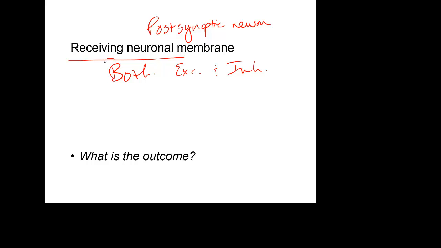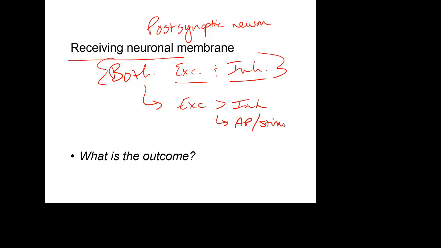So what it does is it takes this information and makes a decision. It's going to weigh the excitatory and the inhibitory, and then there will be a stimulus only if the excitatory is greater than the inhibitory. Then you're going to get an action potential or a stimulus to keep sending that signal.